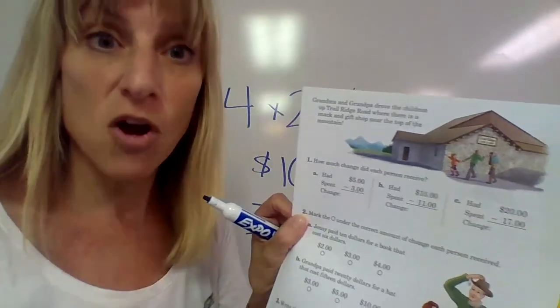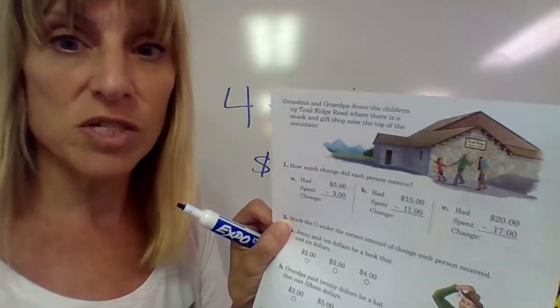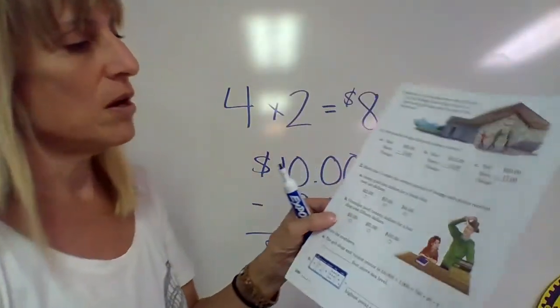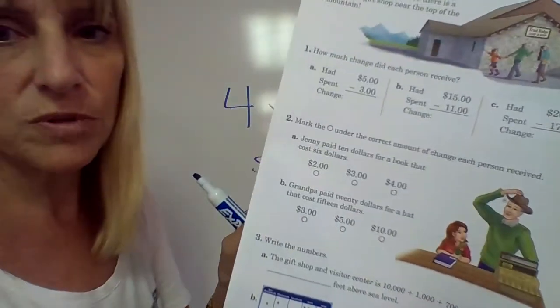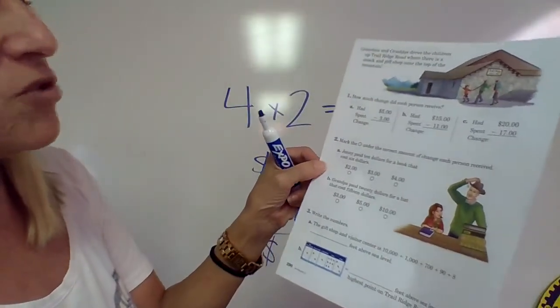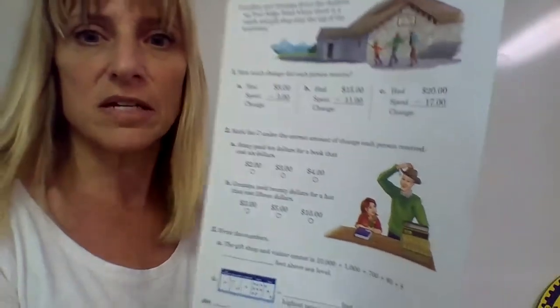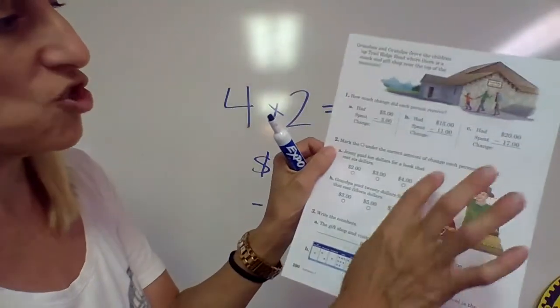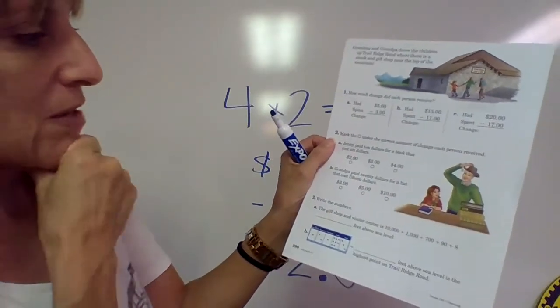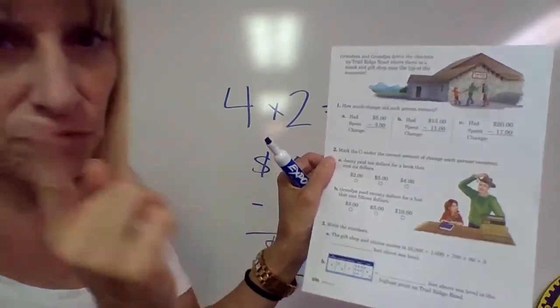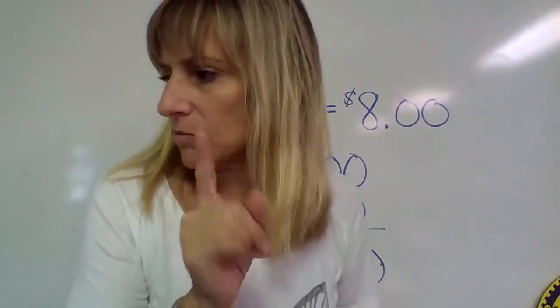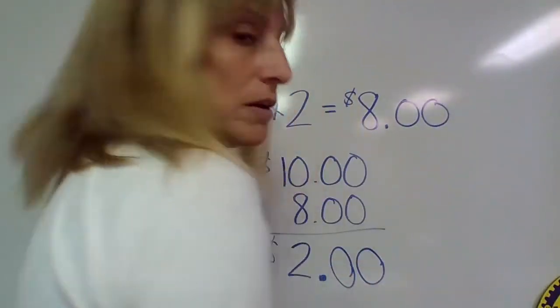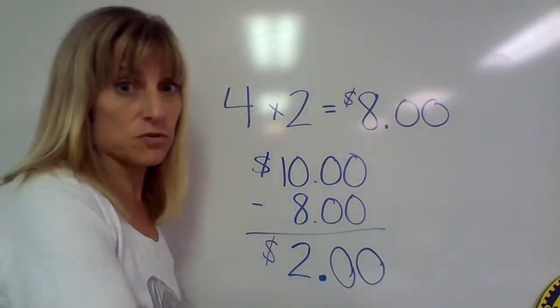It's going to be wrong if you don't. And then number 2 is they're just asking you questions. That's some math you can do in your head, or you can write down and show your work. Number 3, I'm going to review with you guys because I noticed on your math pages that some of you got confused.